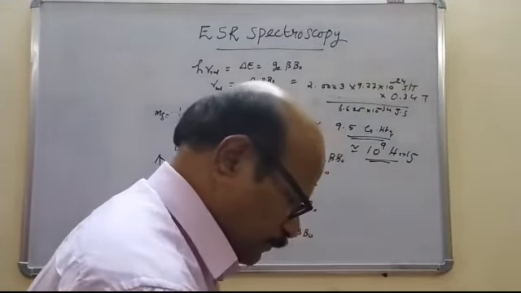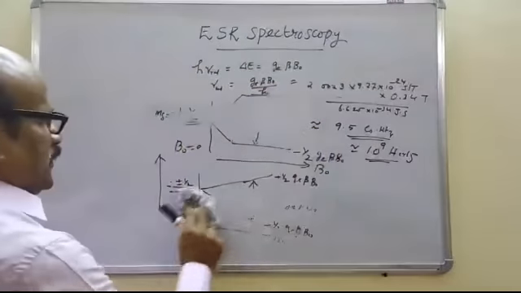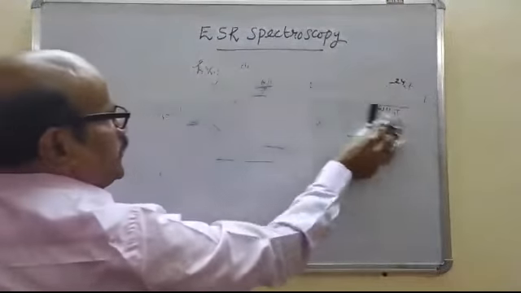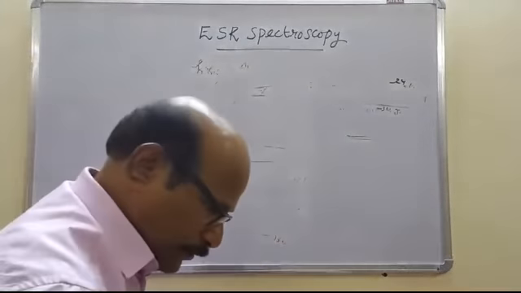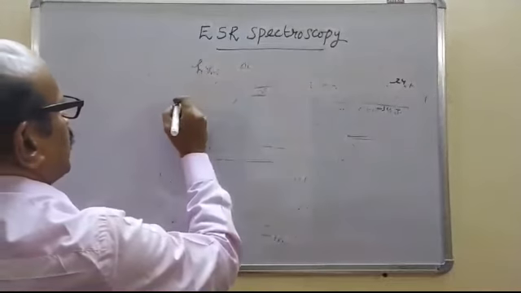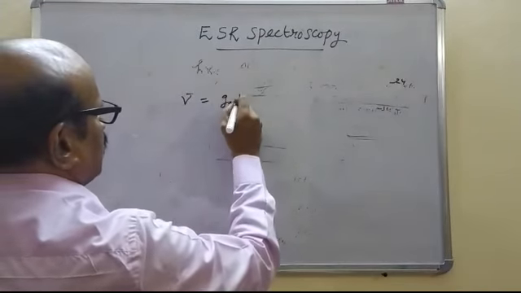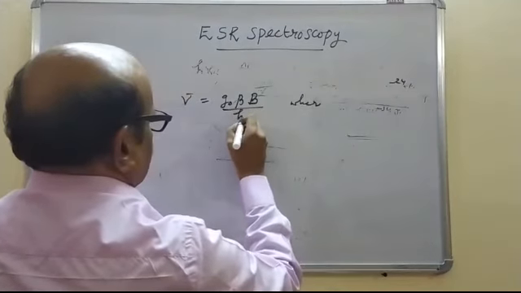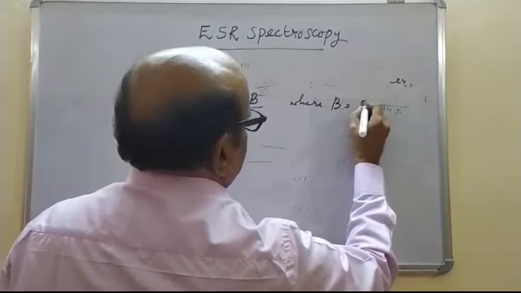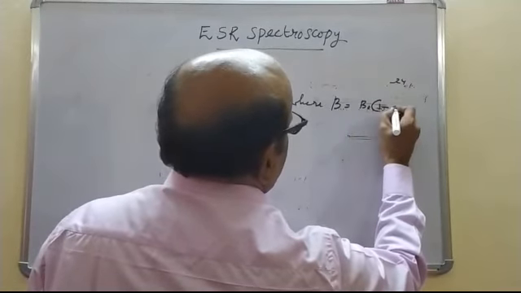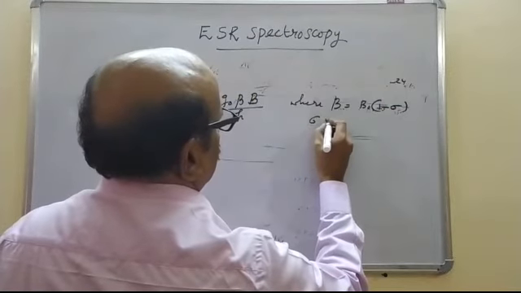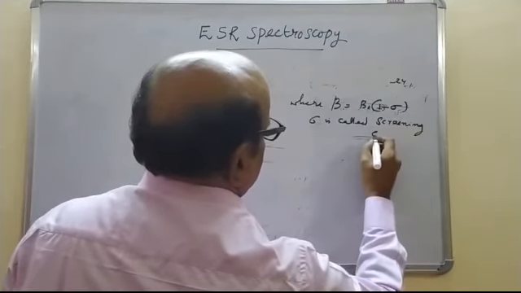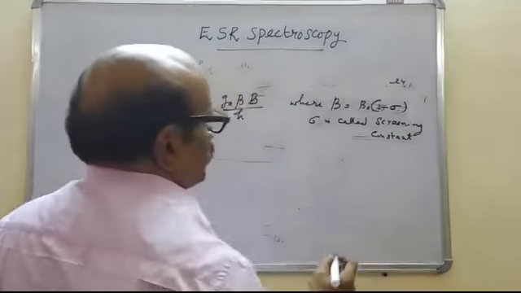In an actual molecular species, the magnetic field suffered by the unpaired electron is not B0 but B. Therefore, now the equation reduces to nu is equal to g beta B by h, where B is equal to B0 into (1 minus sigma), where sigma is called the screening constant. These things you have to remember.